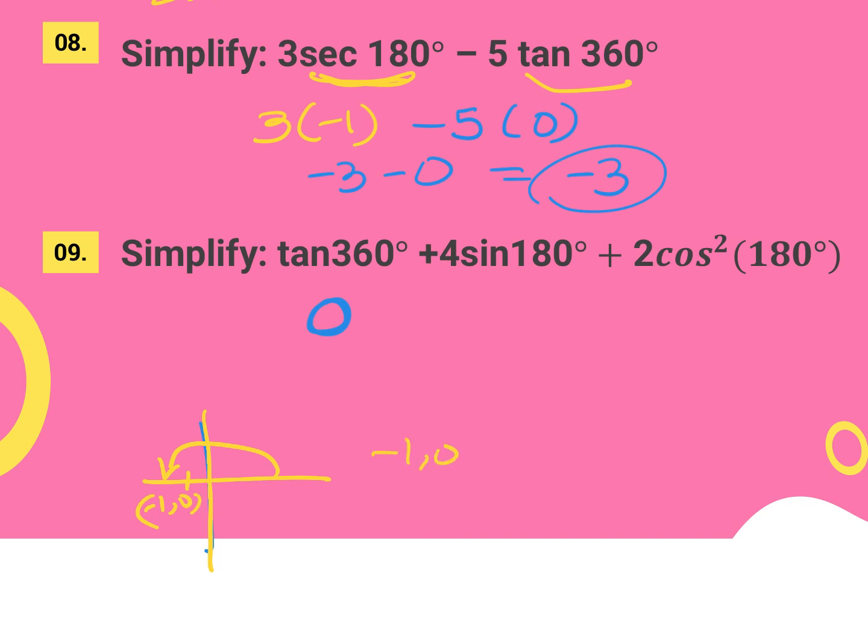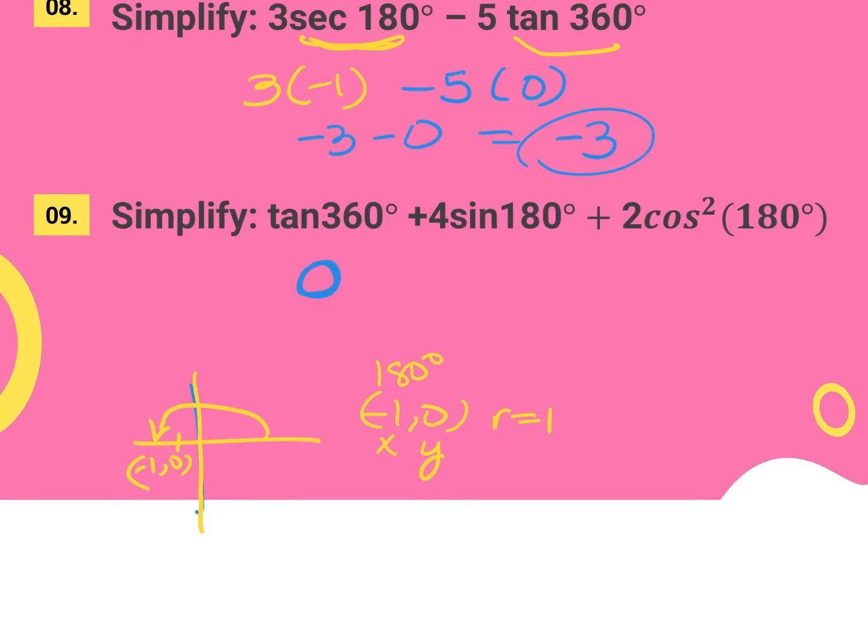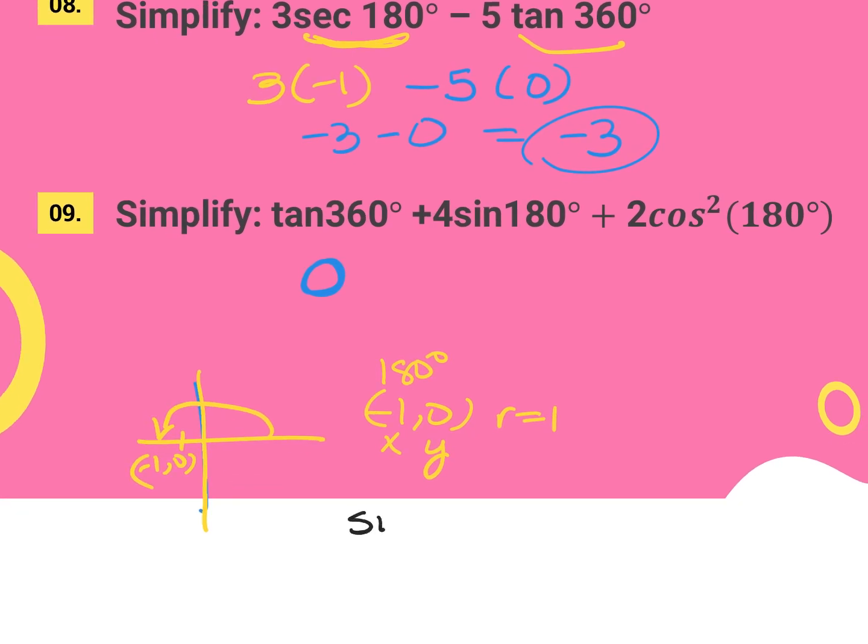So -1, 0, this is for the 180. So this is x, this is y, and remember r is always equal to 1. So sine of 180, y over r, 0 over 1, and that equals 0. So now I have plus 4 times 0.